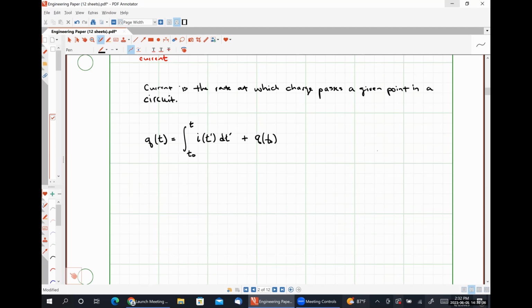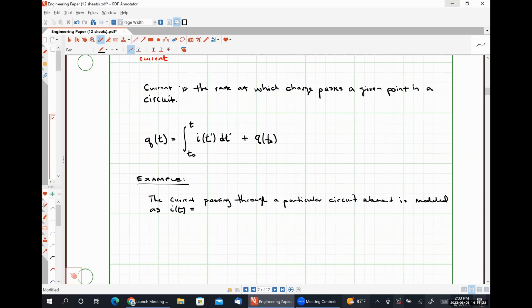Okay, I'm going to start by saying the current passing through a particular circuit element is modeled as I of t is equal to, let's just say, 5t squared amps.